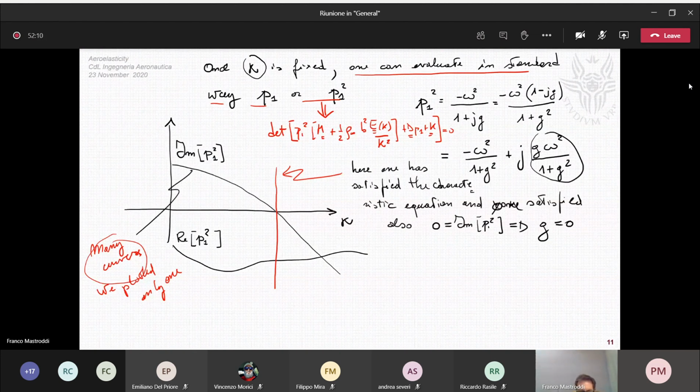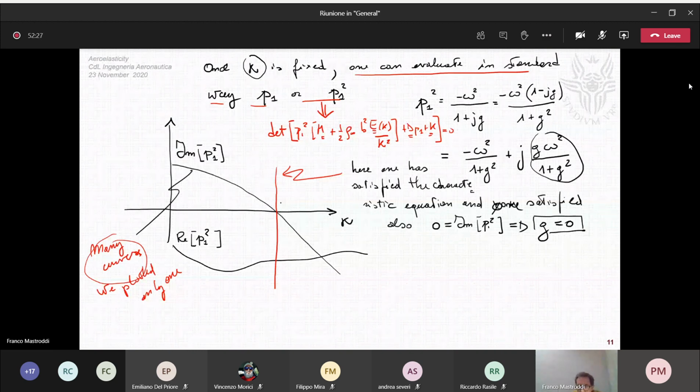If the imaginary part is 0, you necessarily have g equal to 0, and g has to be 0 because it is an artificial parameter. So this is the flutter margin condition.